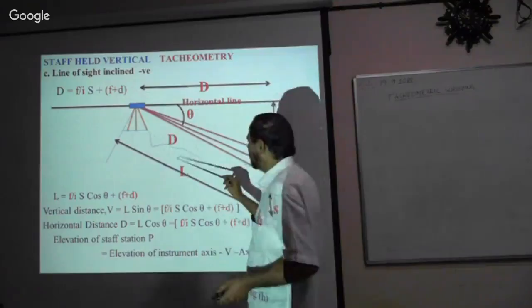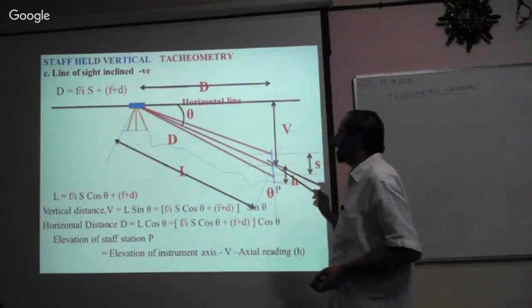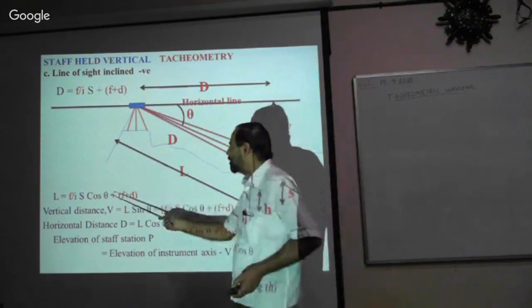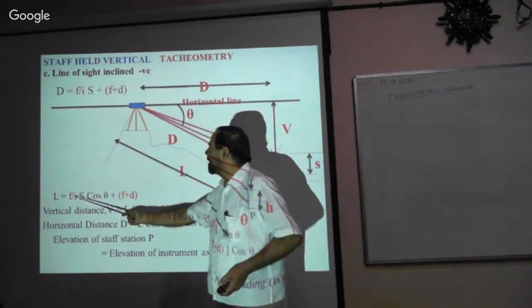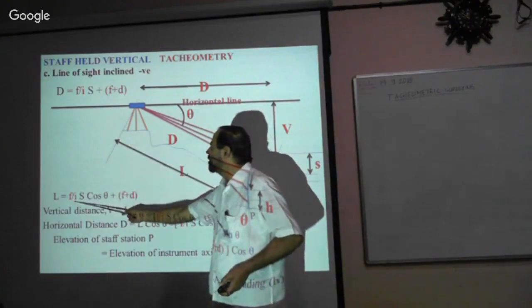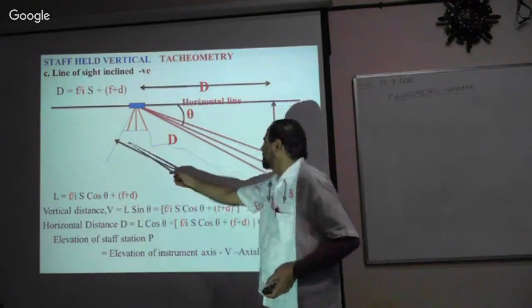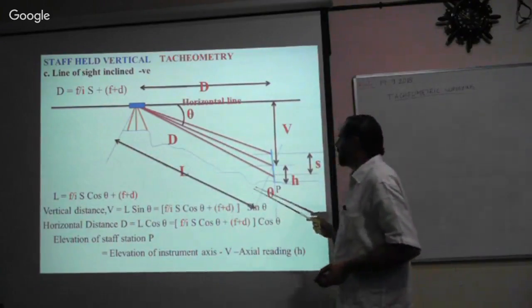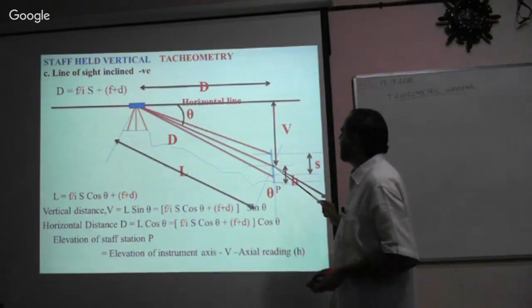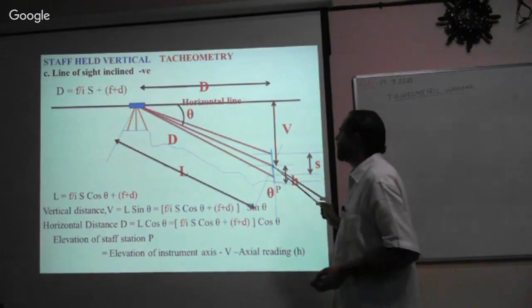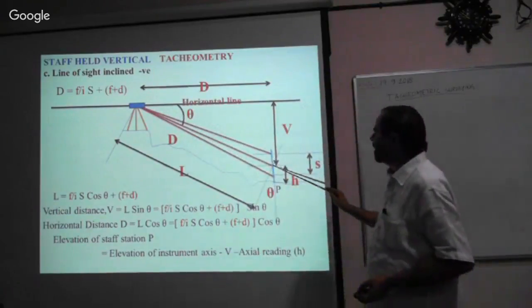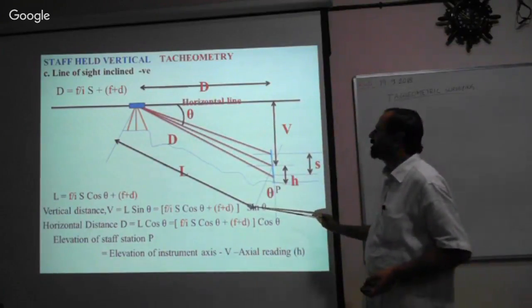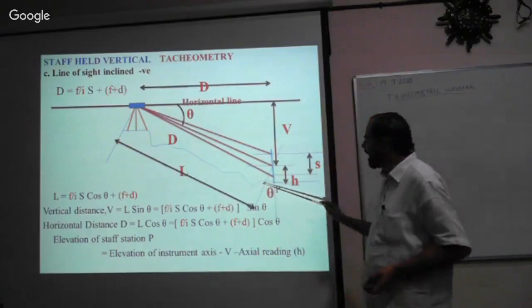Now here, in this case, it is L. In place of D, we are calculating the distance L, the inclined length of line of sight from the instrument station to the central hair reading.